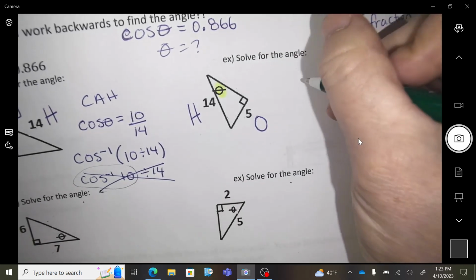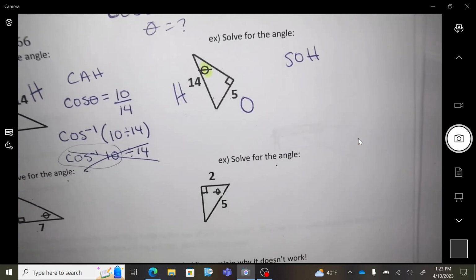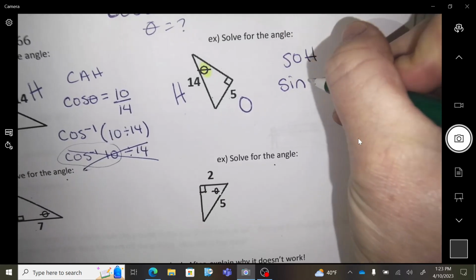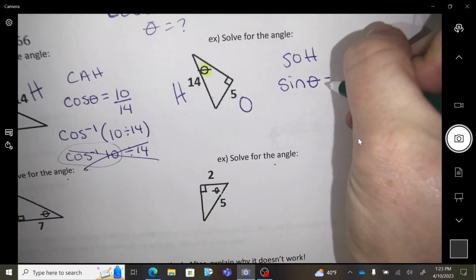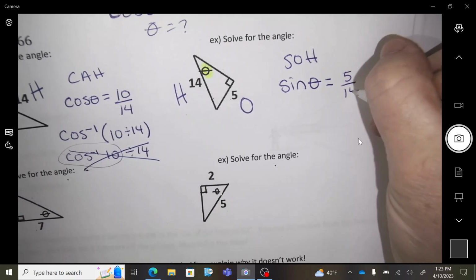That means I'm going to do the SO formula. So it's going to go the sine of the angle equals the 5 divided by 14.